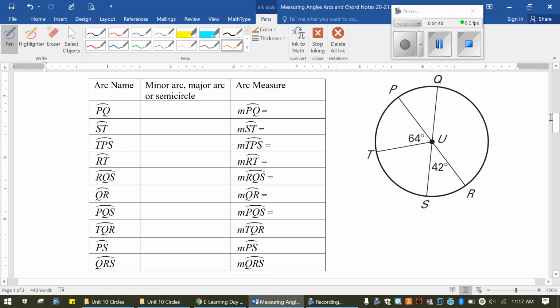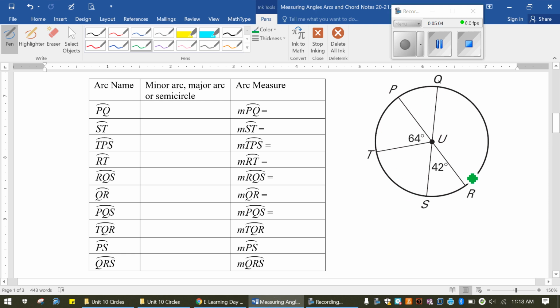All right, so moving down to example number 1. We've got this diagram in which we're told that we have some diameters. That's a really important piece of information because it's going to help us figure out what some of these angle measures are that we don't have listed already. So we've got RP is a diameter. So if RP is a diameter, it means this is 180 degrees.